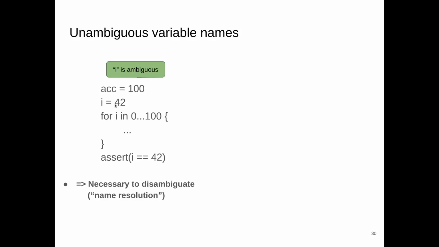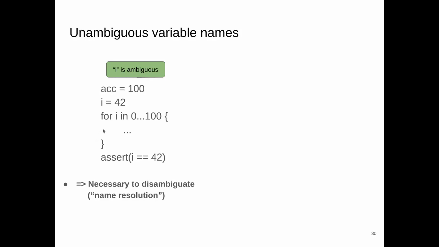Here, i is given 42, and it should be 42 at this line. But at this line, i is declared one more time. So it is going to be assigned 0, and at the end of this iteration, it should be 100.